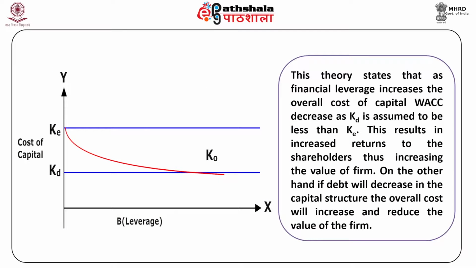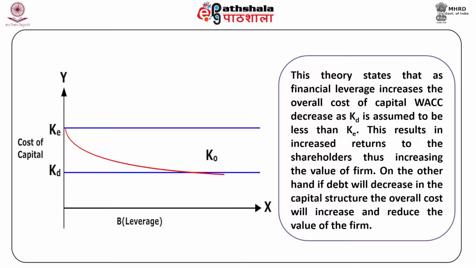In this graph you can see that KE and KD are shown as straight lines, which means they are constant, and KO is the red line which is reducing with the increase in leverage. The theory states that as financial leverage increases, the overall cost of capital WACC decreases as KD is assumed to be less than KE.